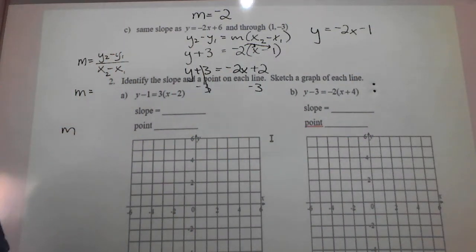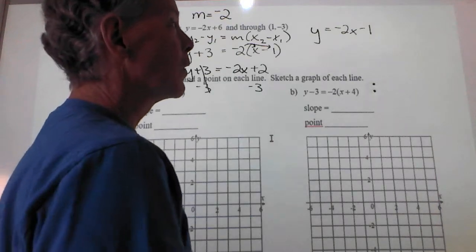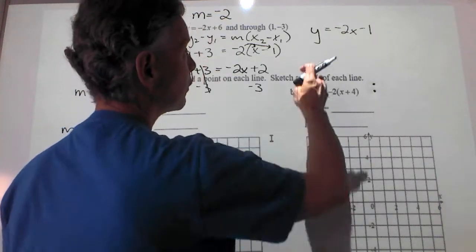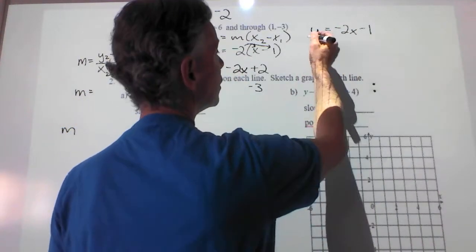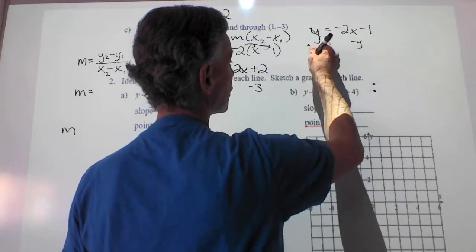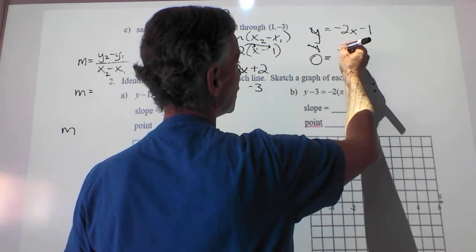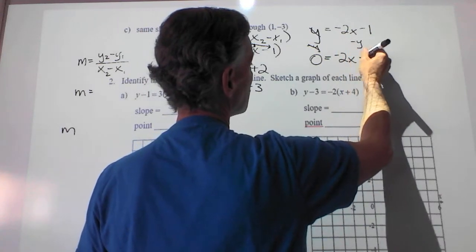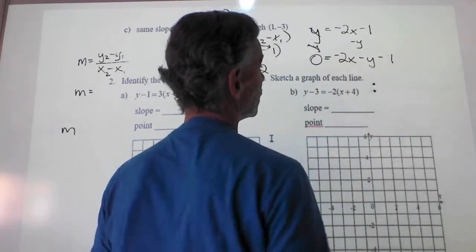Okay? Since we're going for general form, we have to move the y as well. We have to move everything over. So we'll take away y from both sides. y minus y gives us 0. And on the right side, we have -2x minus y minus 1.